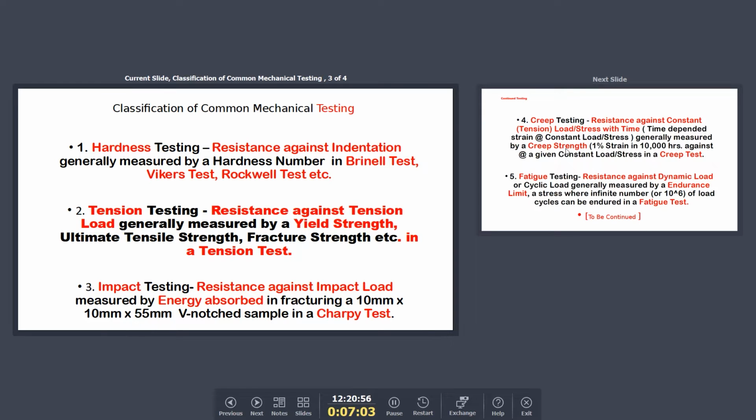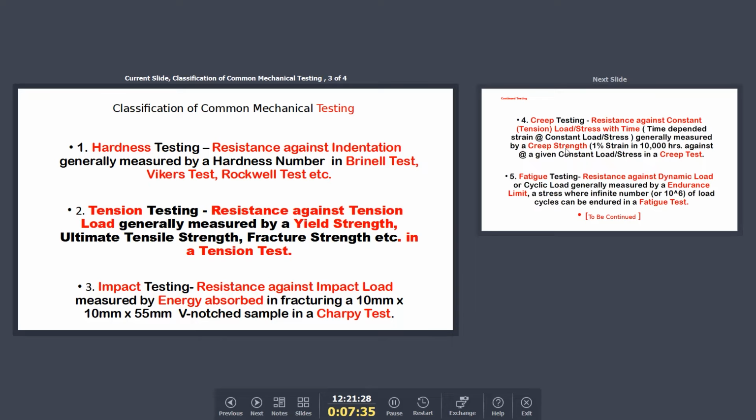Tension testing means resistance of the material against tension load. What is tension? Tension is simply pulling. When you pull a wire, when you pull a man by hand, it is tension. It is a very, very important kind of load which totally identifies the importance of material.